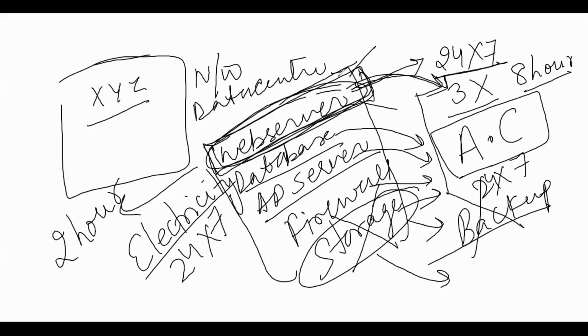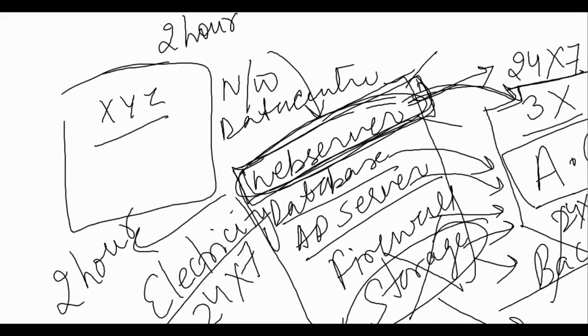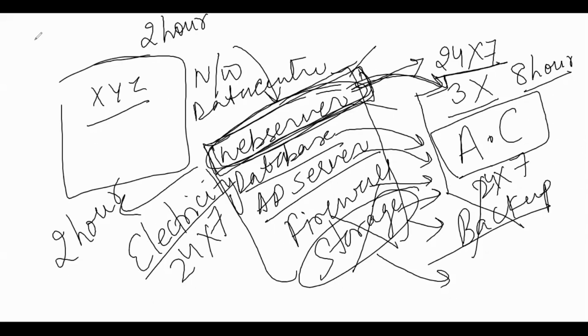But in case of AWS, if you are taking a server from AWS and your server goes down for 2 hours, then AWS will give you compensation for that 2 hour loss. That is part of the service level agreement. So the basic difference is that if you are managing all these things in your own data center, the cost of maintaining them is huge, and the headache is more for the employee as well as the employer.